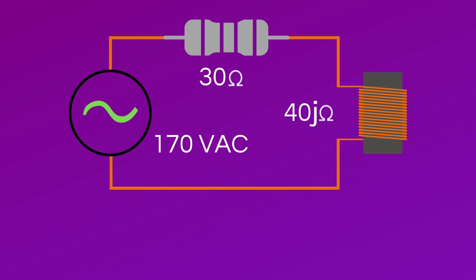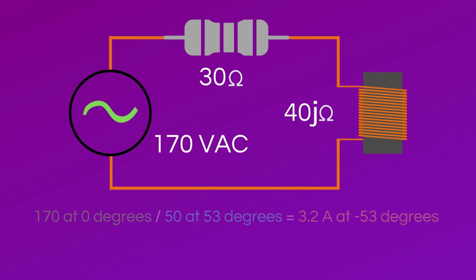Now on to applying Ohm's law. Let's add a voltage of 170 AC volts to the circuit. The current of the circuit is equal to the voltage divided by the resistance. In this case, the current equals 170 volts at 0 degrees divided by 50 ohms at positive 53 degrees.